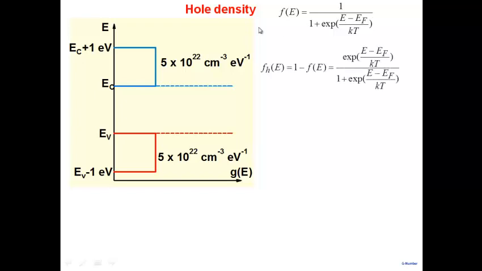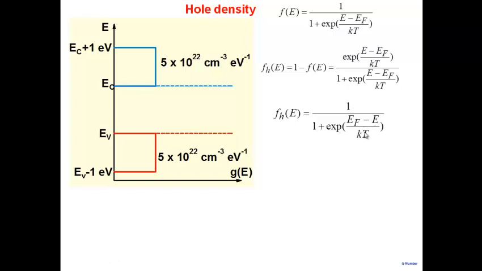Okay, so FHE is what? The probability that an energy state E is occupied by a hole. So that will be equal to 1 minus Fe. All I do is 1 minus, we simplify, and we write it like this here. Of course, I can rearrange the exponentials and write it as 1 by exponent EF minus E by KT.